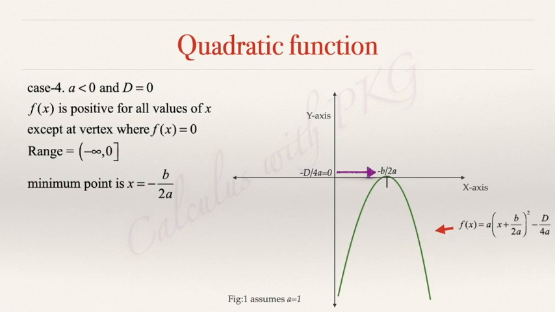That is, here the maximum value of the graph is 0 and the minimum value of the graph is minus infinity. So the range of the function will be from minus infinity to 0, and here the extreme point is x equal to minus b by 2a.